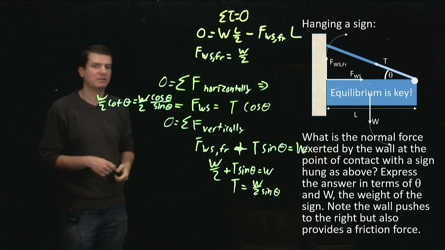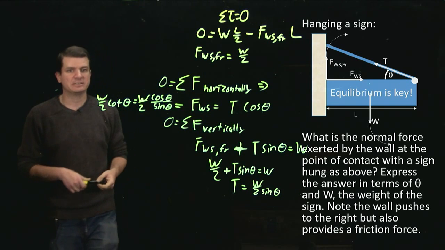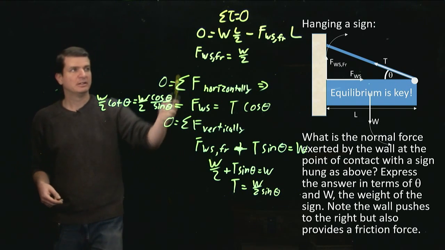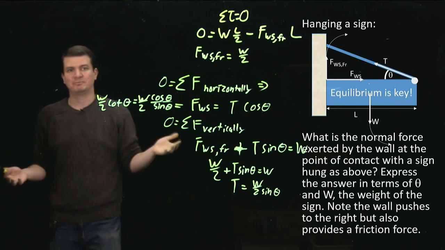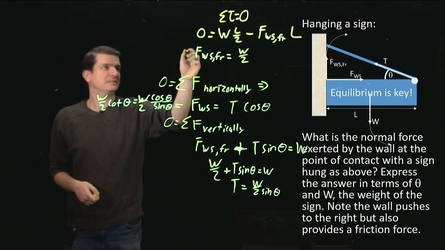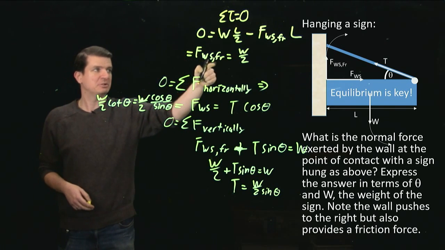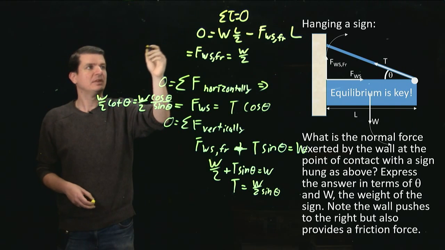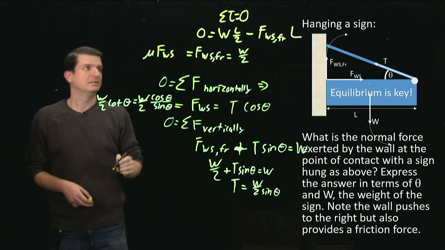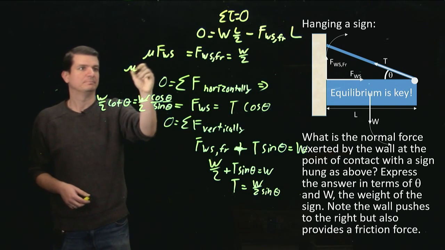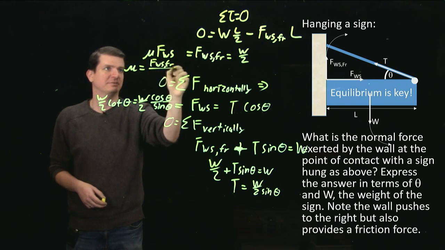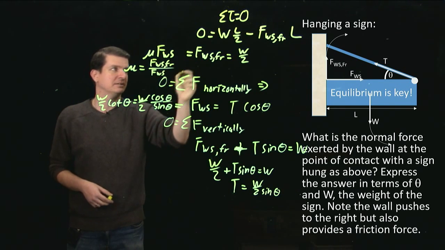Now there's one other thing that we can do with this question, which is we can figure out now the coefficient of friction. So we said over here, if we knew the coefficient of friction, we would have the normal force. But now we've got the normal force. So F_W,S friction is F_W,S times mu. So mu is just F_W,S friction divided by F_W,S.